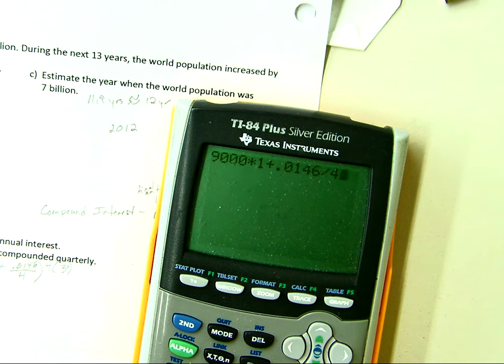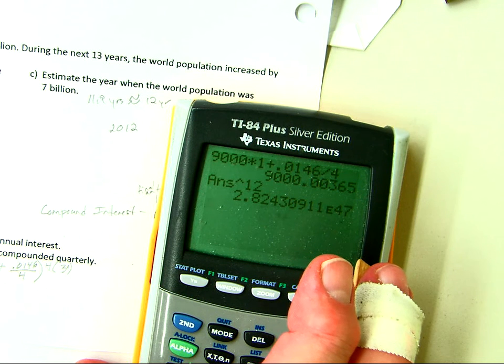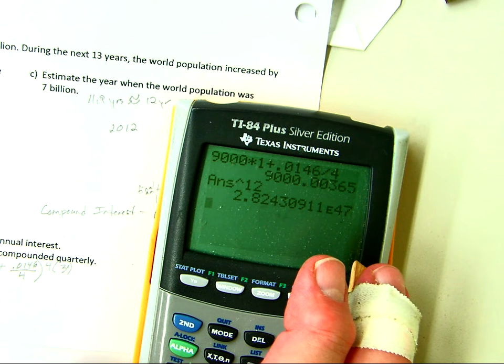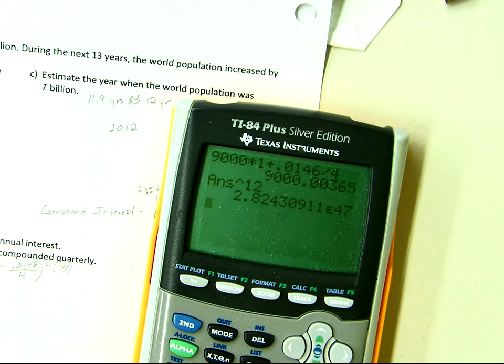So I'm going to find all that, and then I'm going to hit my exponent key and hit 12. Let's see what I come up with there. Looks like I got, if you can read that, I can't read it very good, 6.02 something.